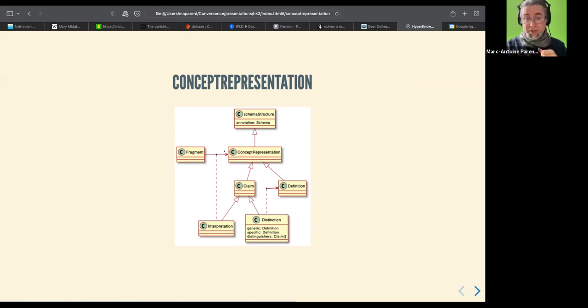And some of those concept representations, as I said, are claims. A claim is a statement that something may be true or false. A statement is something that may be accepted by someone as true or false, or maybe unknown, but potentially true or false, at least.